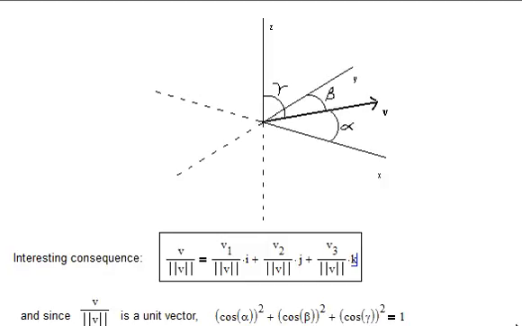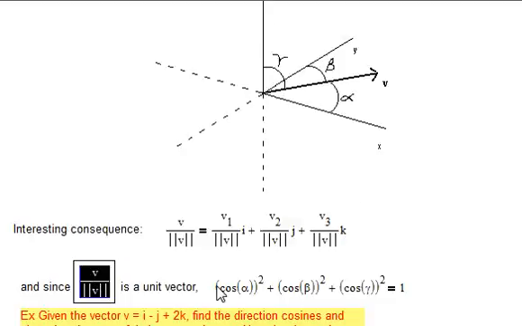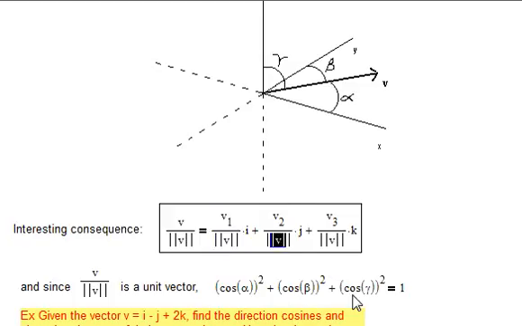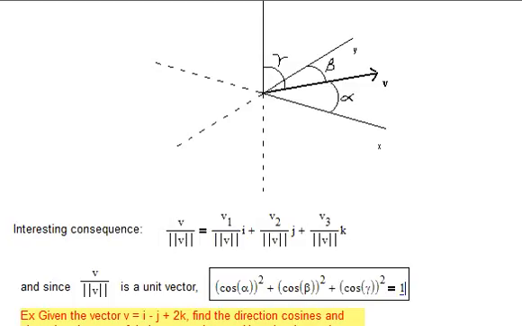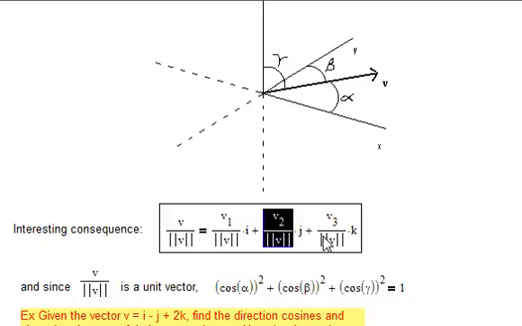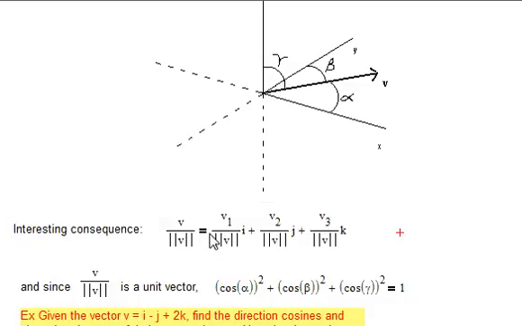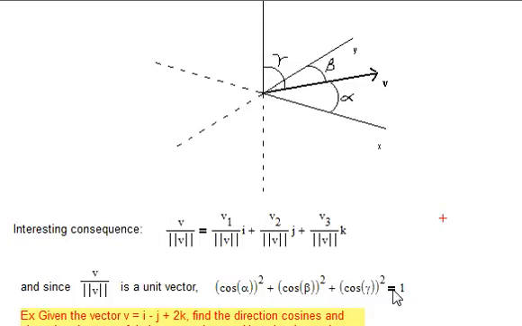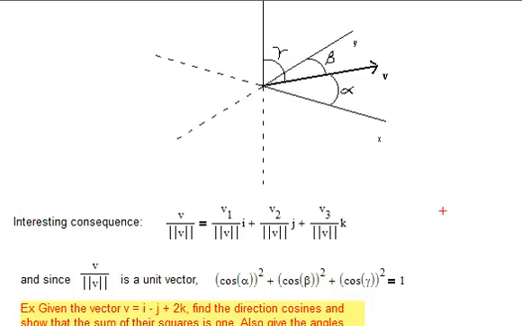And since this is a unit vector, cosine squared plus cosine squared plus cosine squared equals 1. In other words, this squared plus this squared plus this squared equals 1, because this is a unit vector. So the sum of the squares of the cosines of the direction angles equals 1.